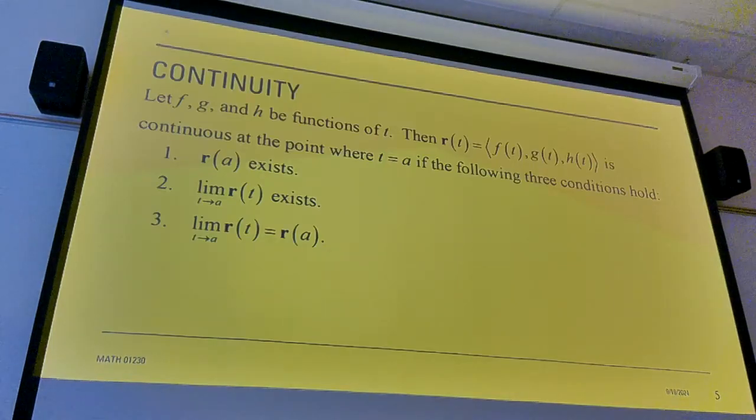A vector valued function is continuous over its entire domain. And if you combine continuous vectors, the result is also continuous. So add two continuous vectors, it's continuous. Subtract two continuous vectors, it's continuous. Multiply, well, I guess in this case, take a cross product of continuous vectors.